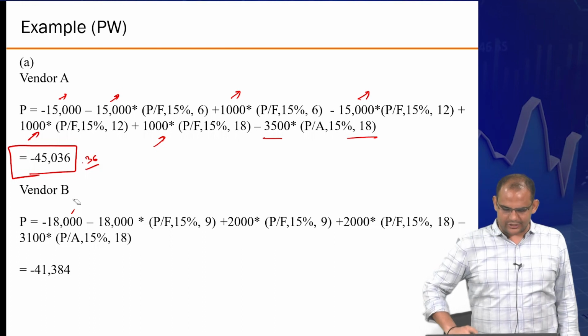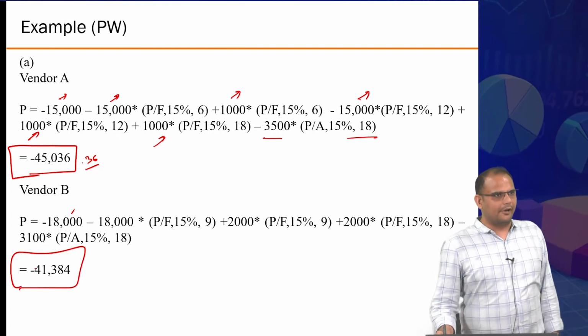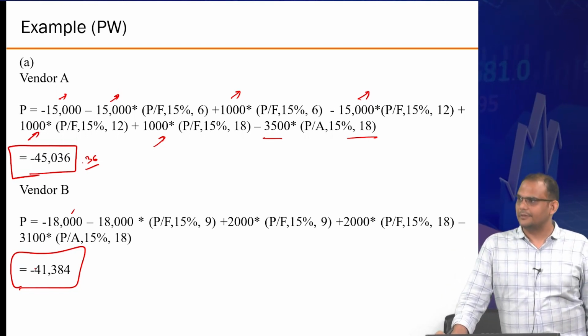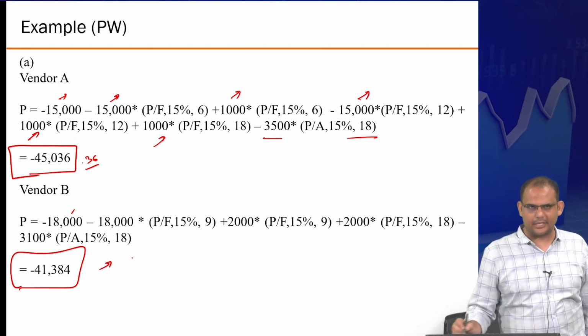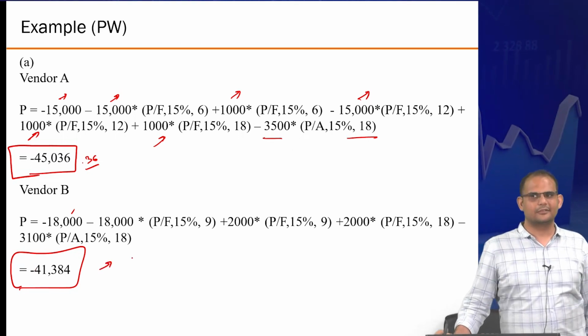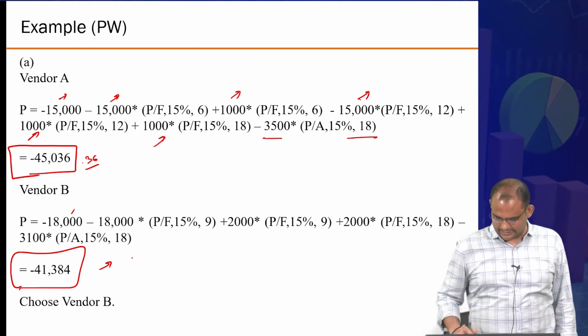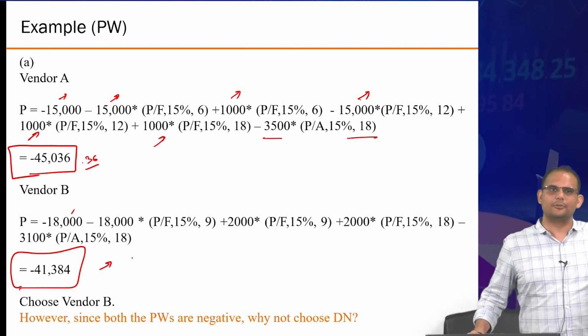Okay? So which option to choose? Option B or option A? According to this, option B. Why not do nothing? Why are you losing money? No revenue, cost only. Exactly. So that's the reason why not choosing do nothing, because this is a cost only problem.